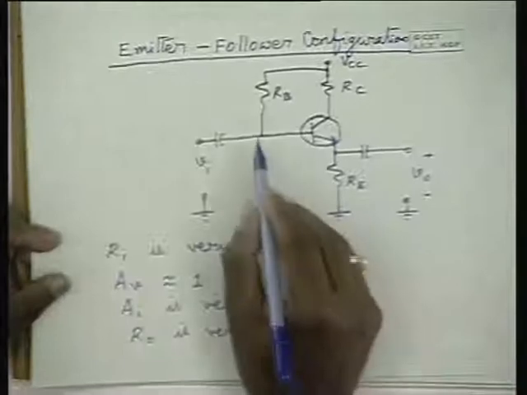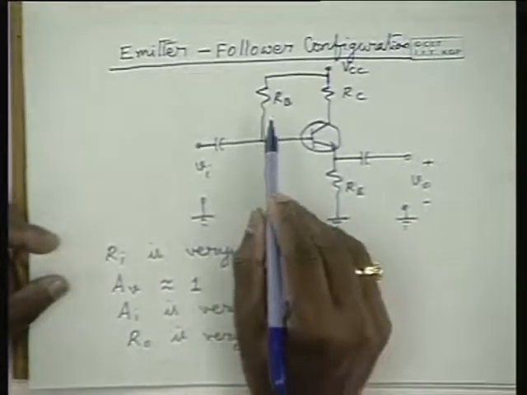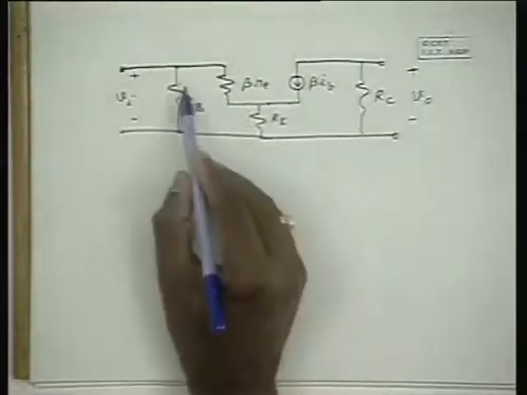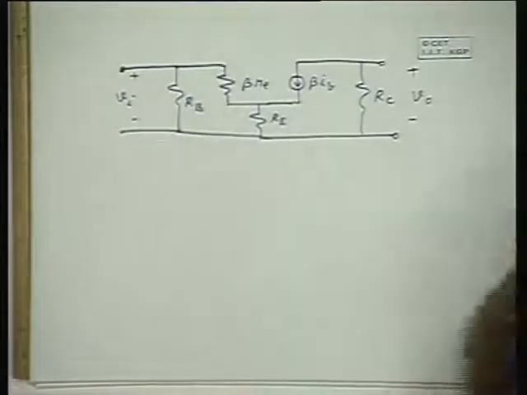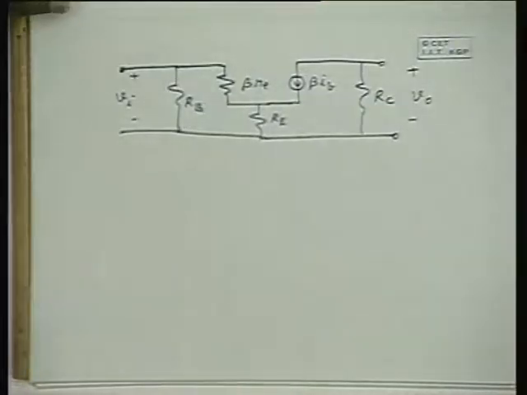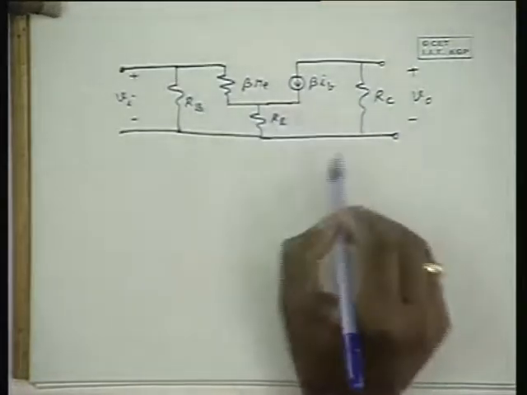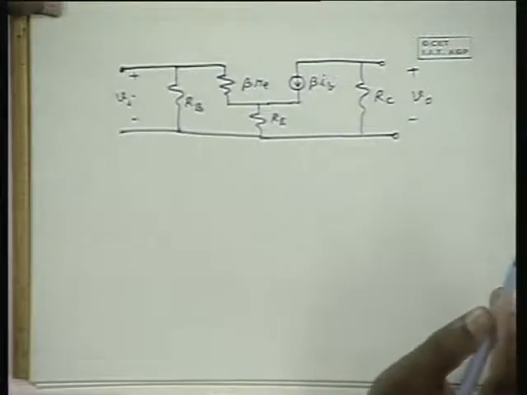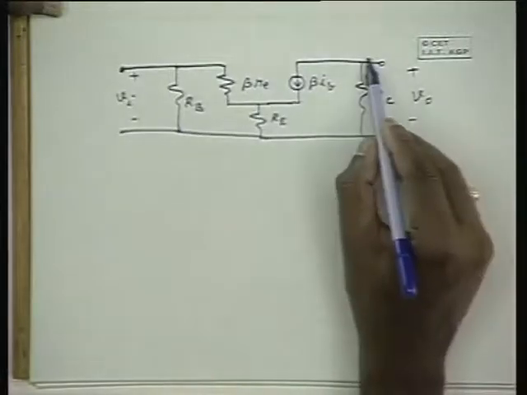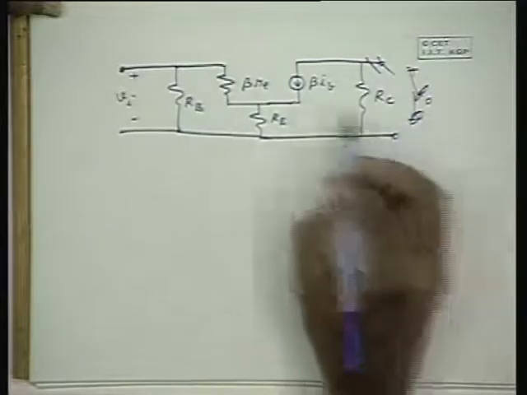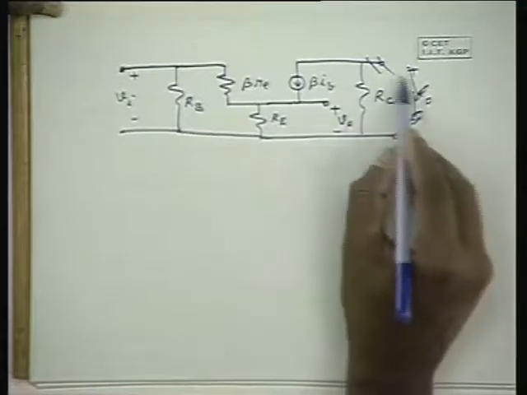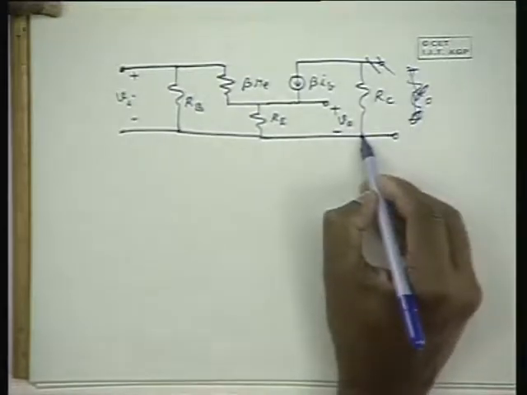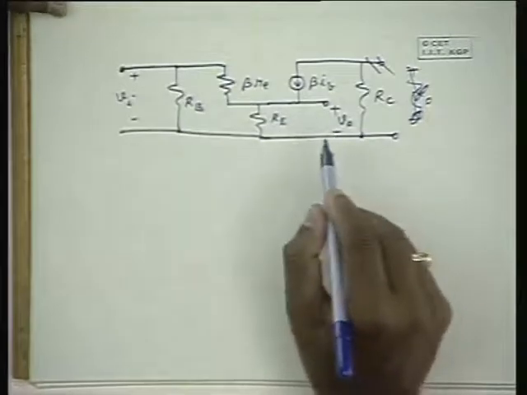Please note that if you have two resistances here, R1 and R2, in the equivalent circuit you would have got R1 in parallel with R2. So RB is equivalent to R1 in parallel with R2. Now, with RE here, I'm sorry, this is not the output impedance, this is the output voltage. Output voltage is across RE. So that is the difference. Otherwise, the equivalent circuit is similar to that of the circuit with the emitter resistance.